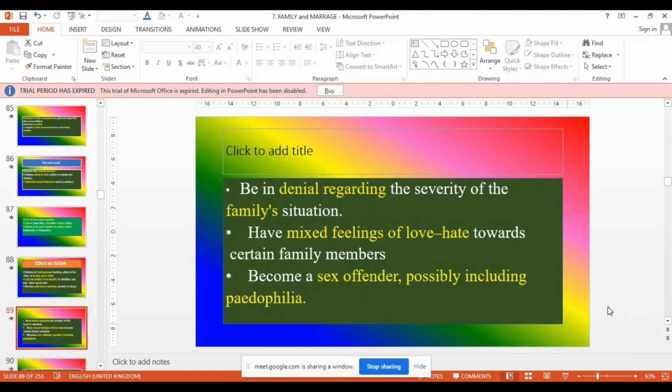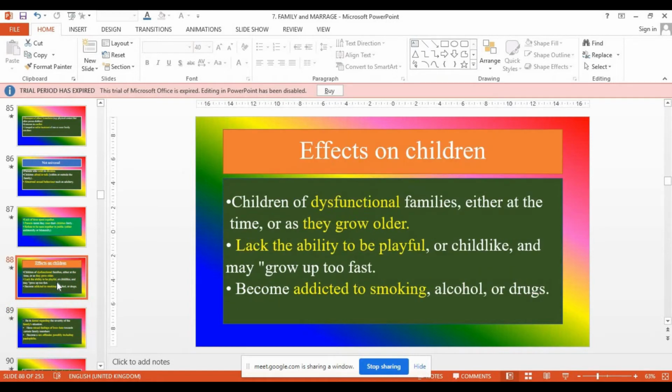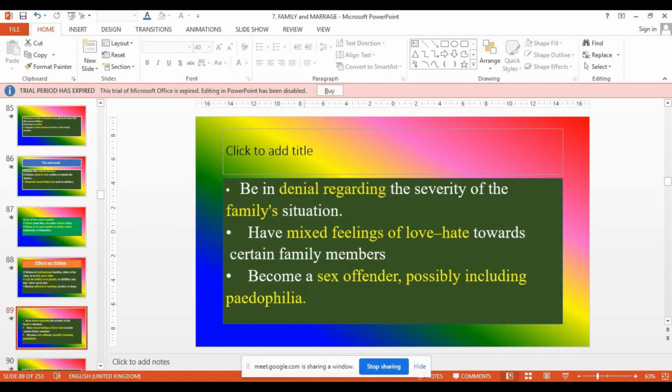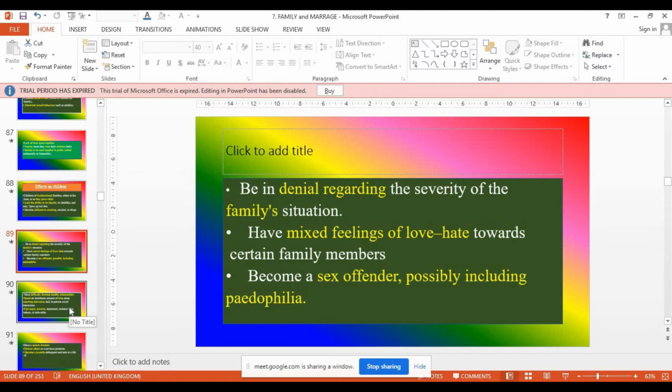Children from a disorganized family may have these effects when they grow. Pedophilia means sexual interest towards children. When the children of disorganized families grow up, this may happen.